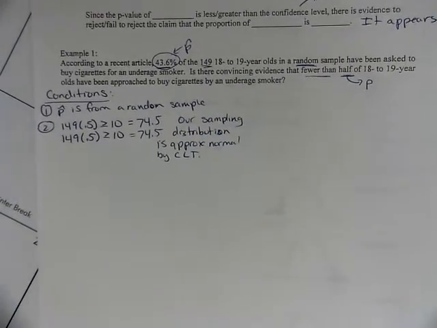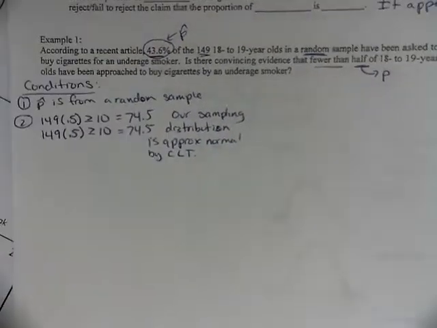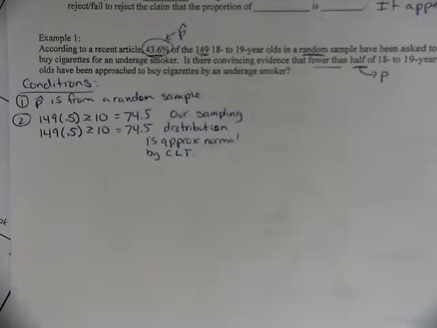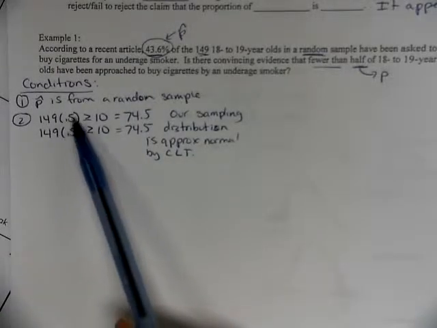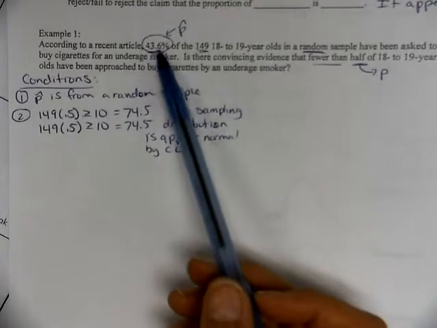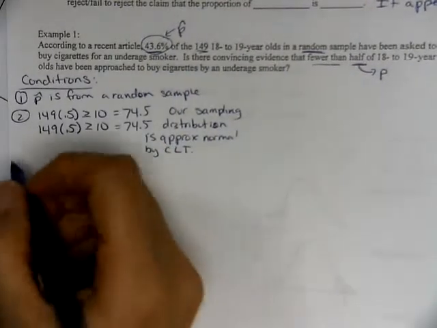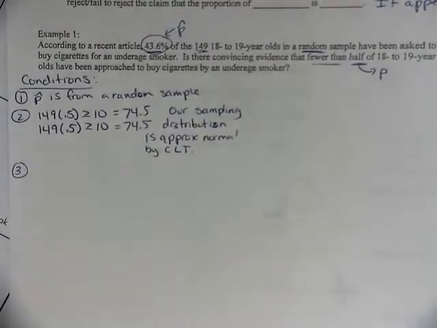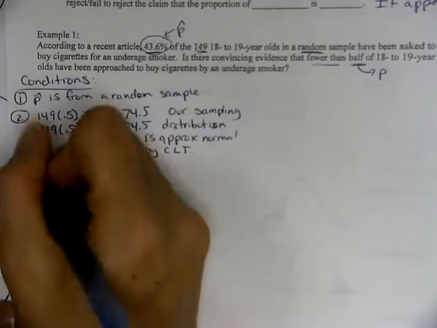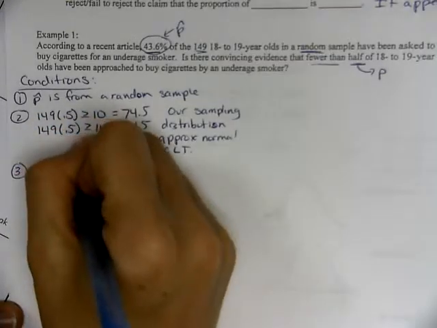You guys pretty much already have that down from chapter 9. Like I said, the biggest mistake people make in this condition on the quiz and test is they use the 43.6 instead of the half. So, everything that you're going to do this weekend, tonight, is going to be a 1 proportion z test, because that's the only one you know so far.